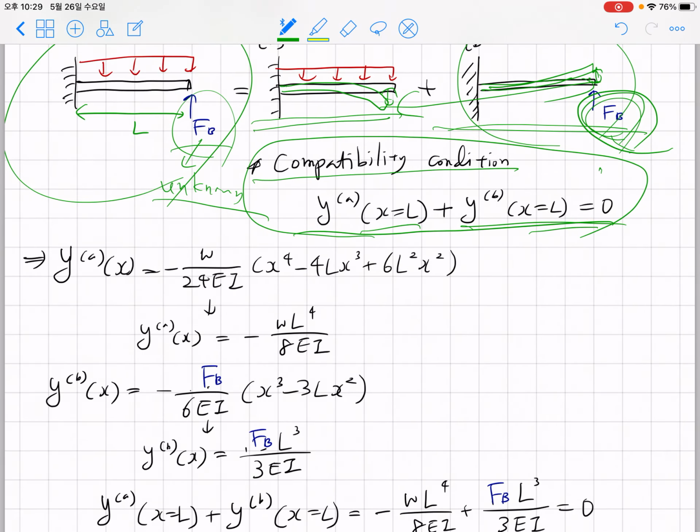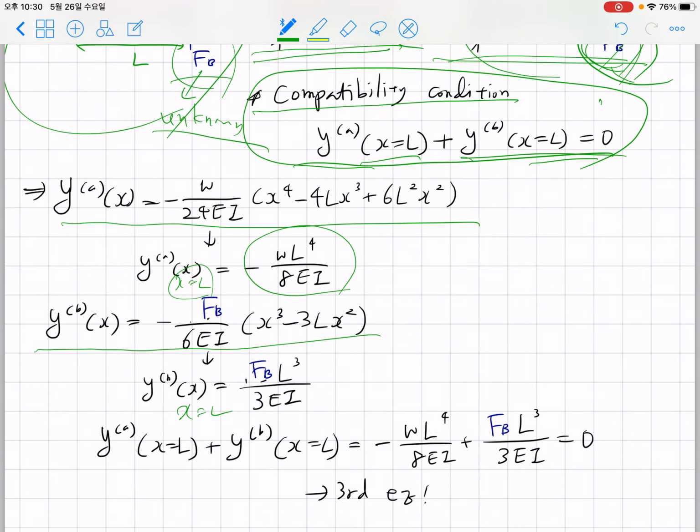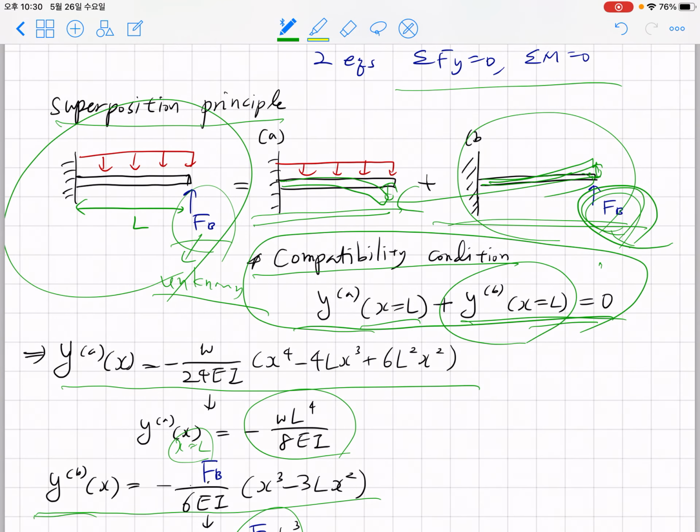So problem A has this curve, and problem B has this curve. Okay, if we plug in x equal L here, then this is what you get for the deflection at the end of the beam. And for problem B, if you plug in x equal L, this is the deflection that you're going to get.